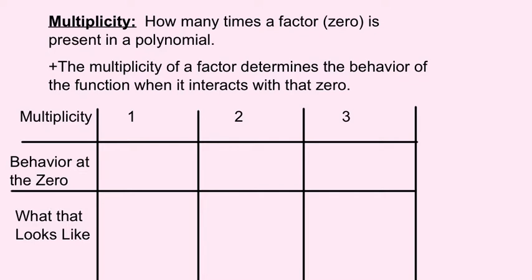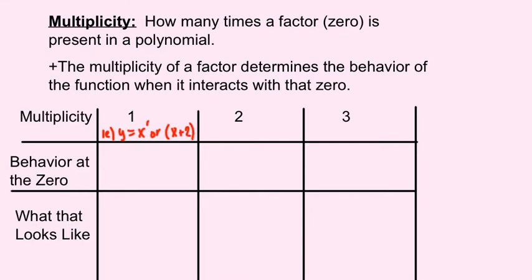If a factor has a multiplicity of 1, that might be if it looks something like y equals x to the first, or maybe it's just a factor like x plus 2 and there's no exponent outside of it.